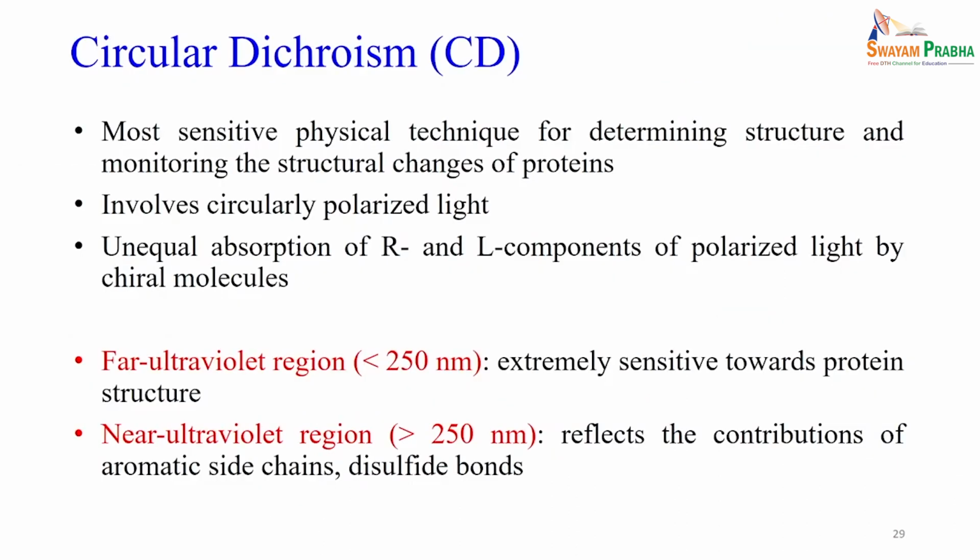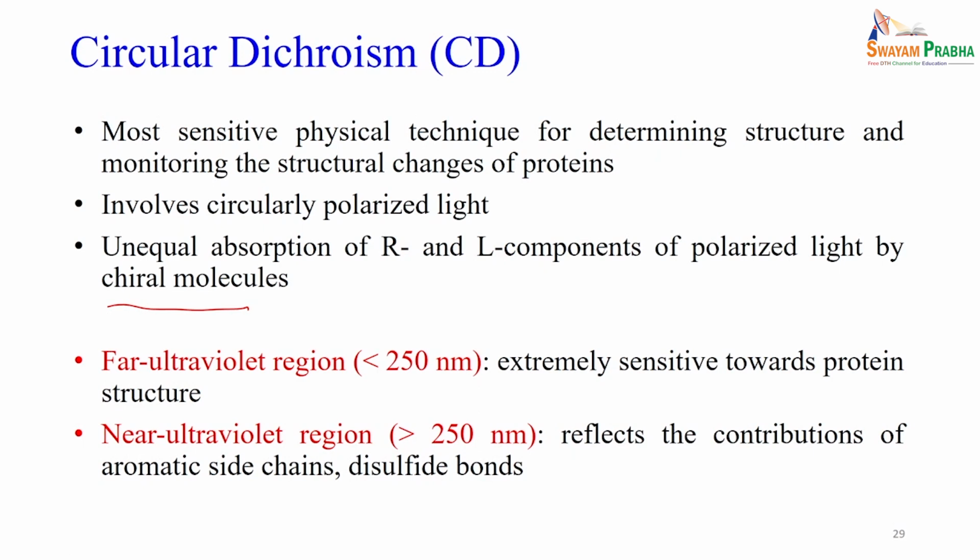Another method is circular dichroism. This is the most sensitive technique, and here we can analyze directly in aqueous solution. It involves circularly polarized light, and the unequal absorption of the left and right components of the polarized light comes from chiral molecules, or you can say the secondary structure of the protein.